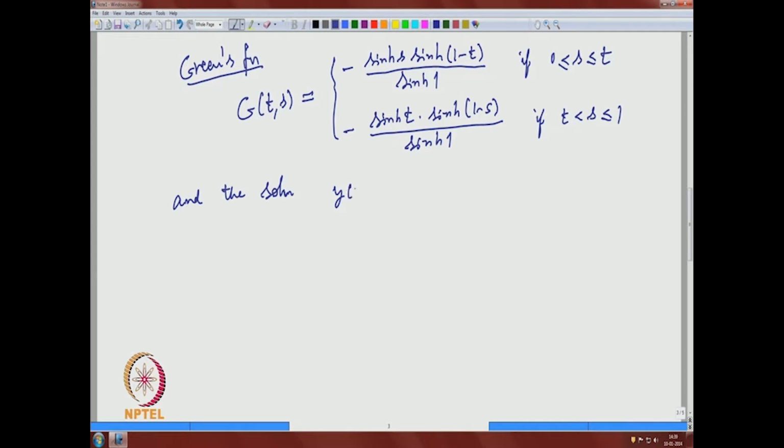And the solution is simply y(t) equal to the integral from 0 to 1 of g(t, s) f(s) ds.